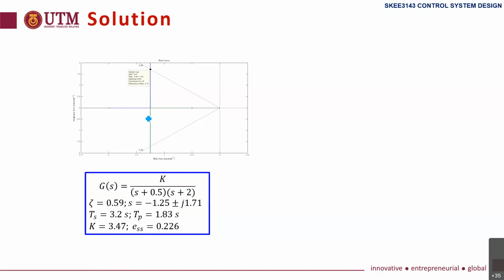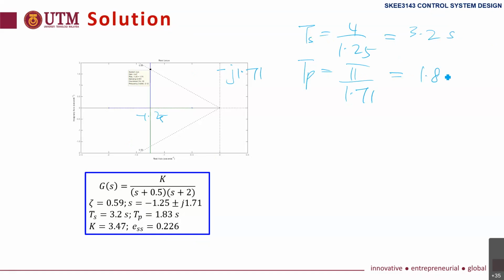S here is minus 1.25, j 1.71. Then we can get Ts: 4/1.25 will be 3.2 seconds. Tp we can get: pi/1.71 is 1.83 seconds. Is here.